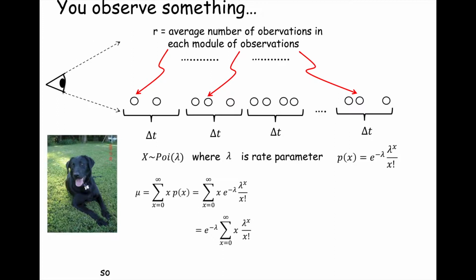So we bring that out front and we write e to the minus lambda times the infinite sum for x goes from 0 to infinity, and we're left with the other terms that do involve x, x times lambda to the x upon x factorial.